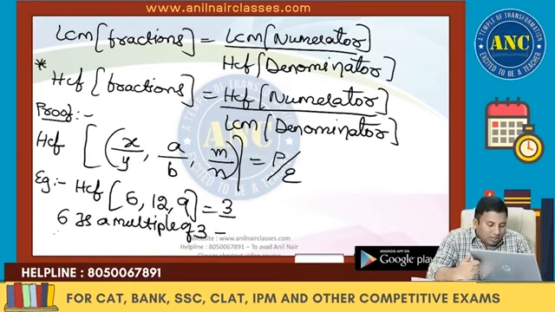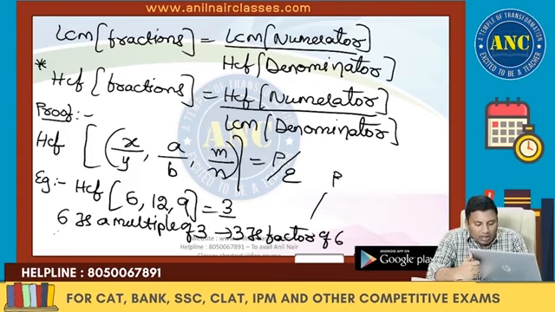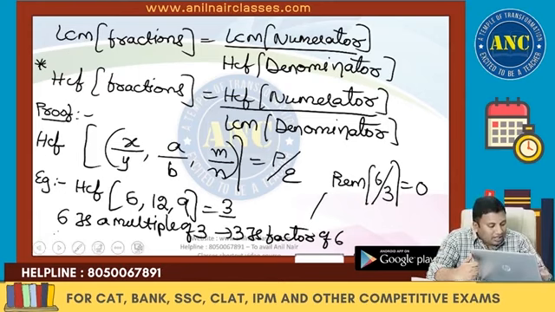Or in other words, 3 is a factor of 6. That means the remainder when 6 is divided by 3 is 0.